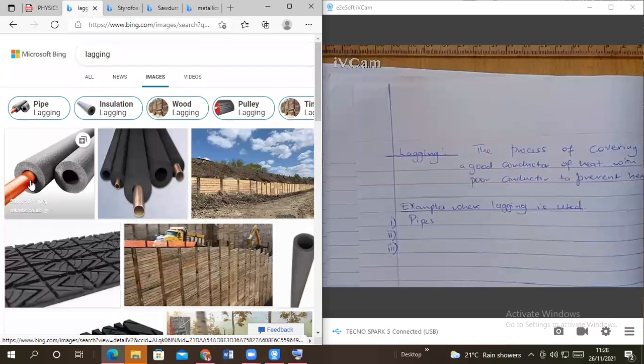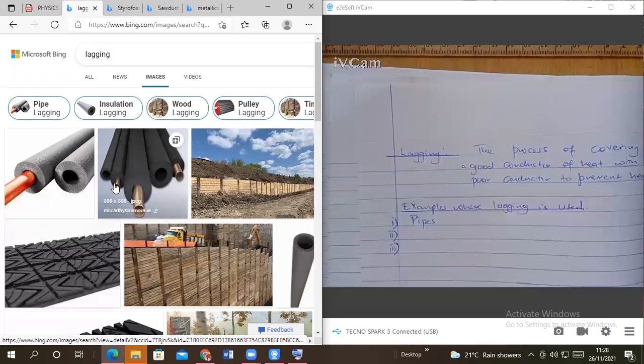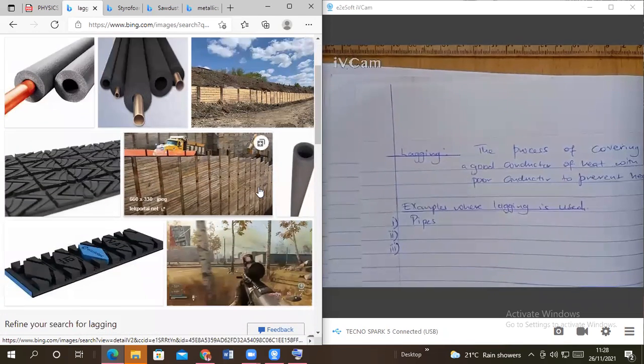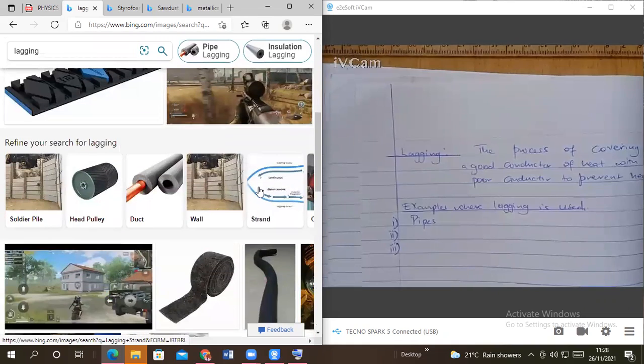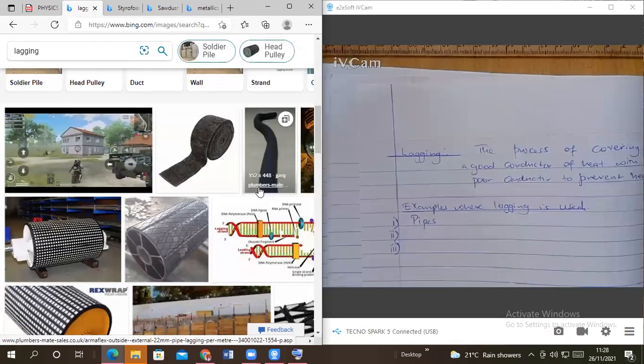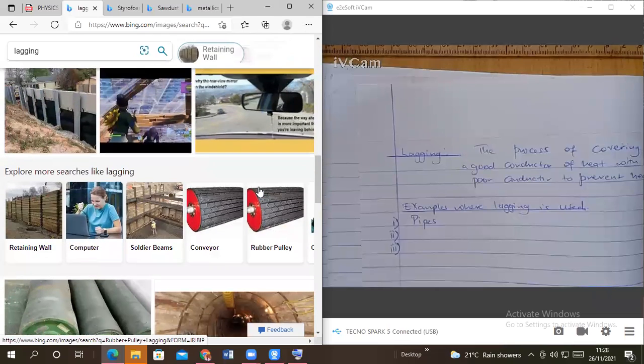It's a good conductor, but it has been covered with a bad conductor. Are you seeing that? So there are pipes that are being covered with a bad conductor. What else?